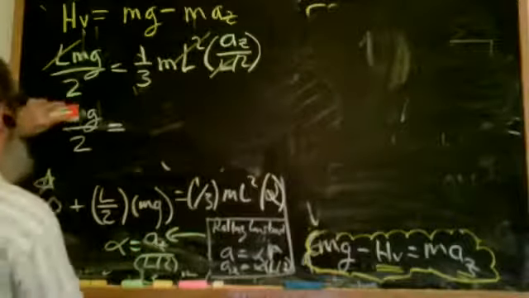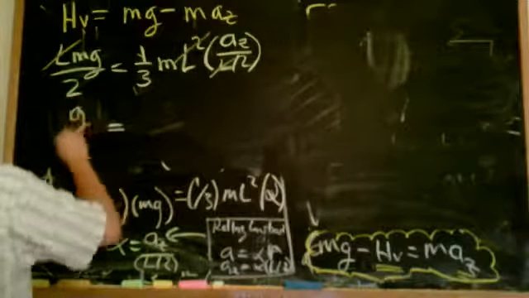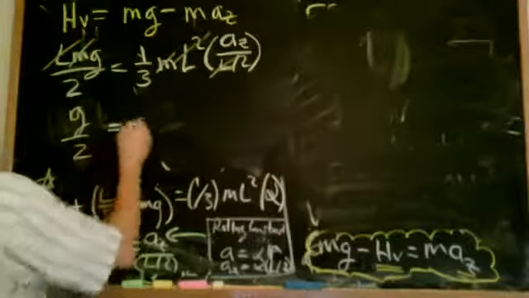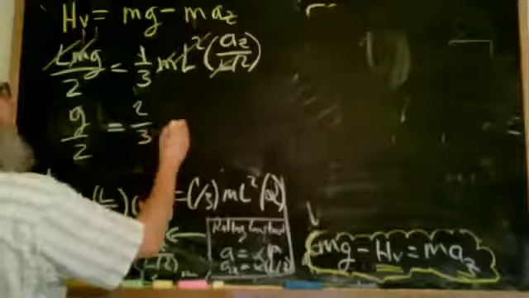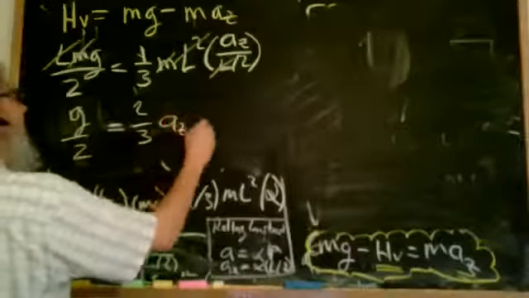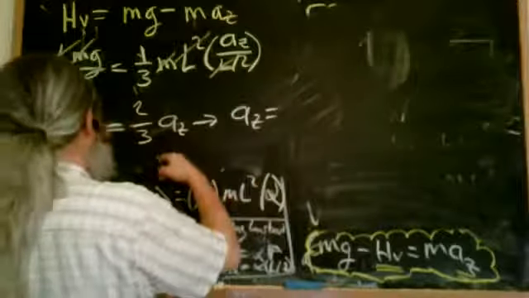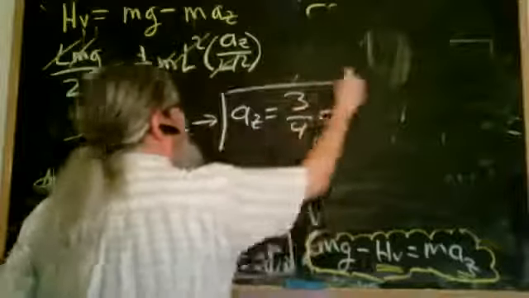So we'll say g over 2, m cancels here, m cancels here. So g over 2 is equal to, well, I get 2/3 A sub Z here. So I get A sub Z is equal to 3 over, oh, look at that. It's equal to 3/4 g.